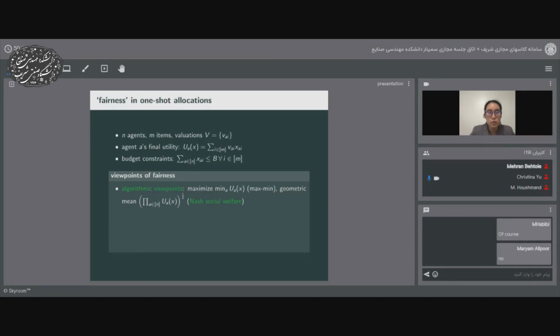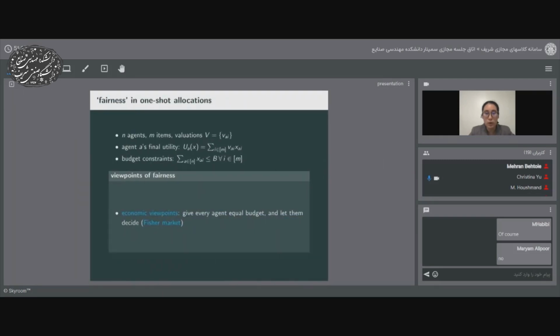Two common objectives are max-min, where you want to maximize the minimum utility of any agent, and another objective, which I'll mention why in a bit, is the geometric mean of the utilities of the agents. This is also called the Nash social welfare, and it turns out that it has very nice properties.